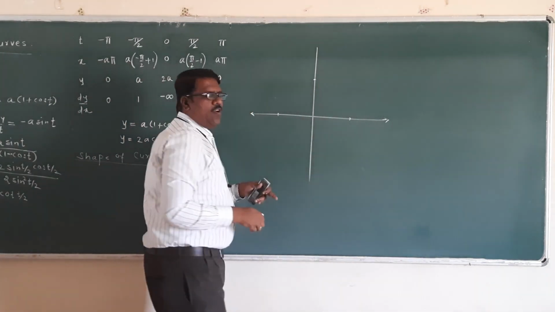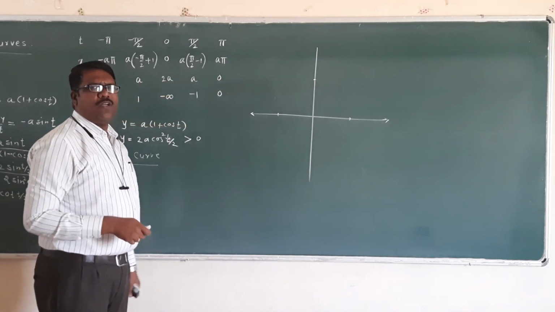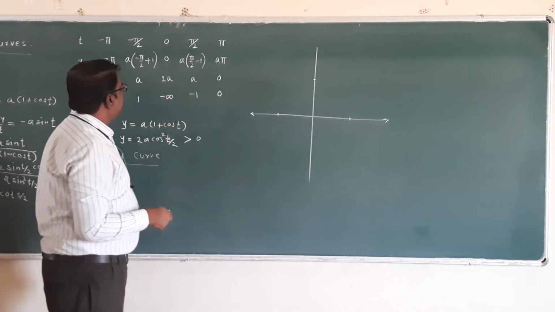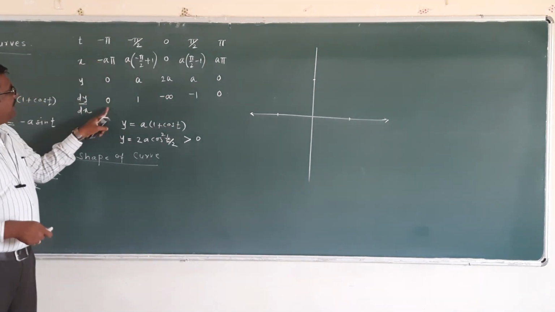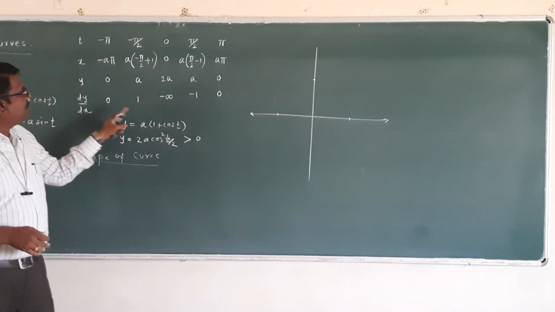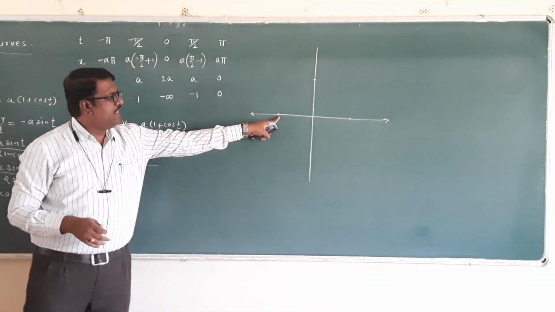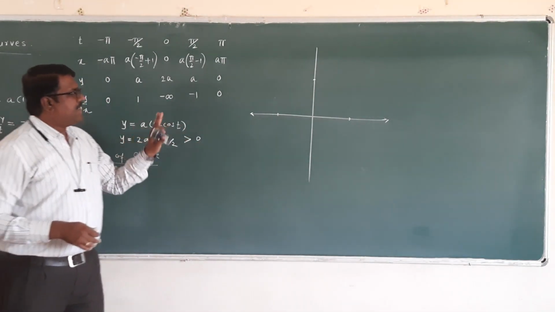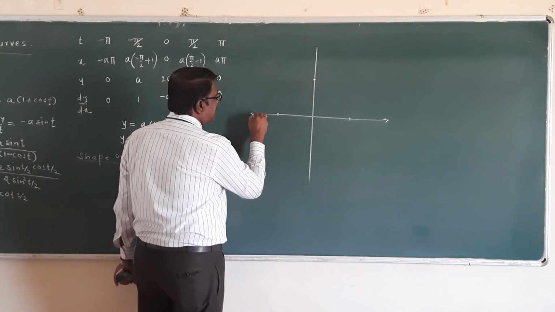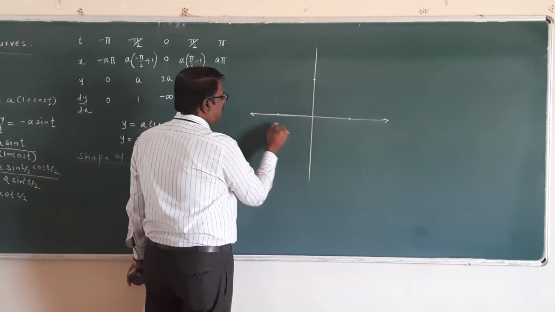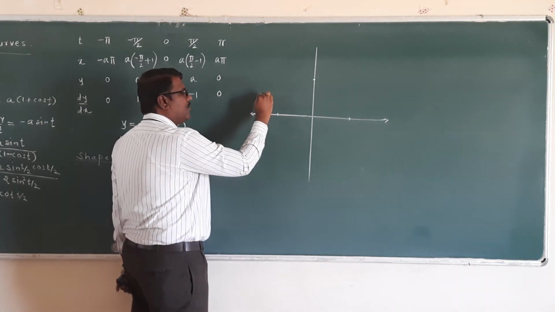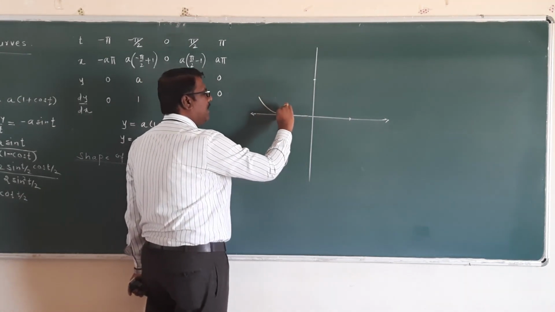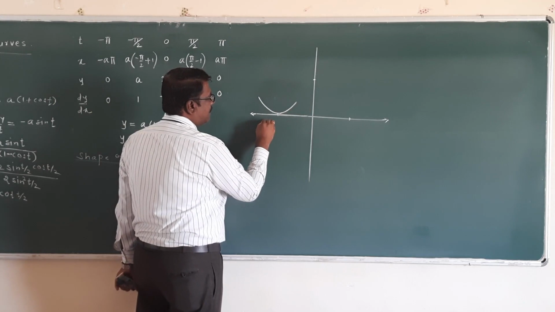Okay. Now after plotting the points, we will draw the tangents at these points. So at minus a pi, 0, dy by dx is 0. It means at this point, the tangent is parallel to the x-axis. So this line is the tangent. If the x-axis itself is a tangent at this point, the nature of the curve will be either like this or like this.